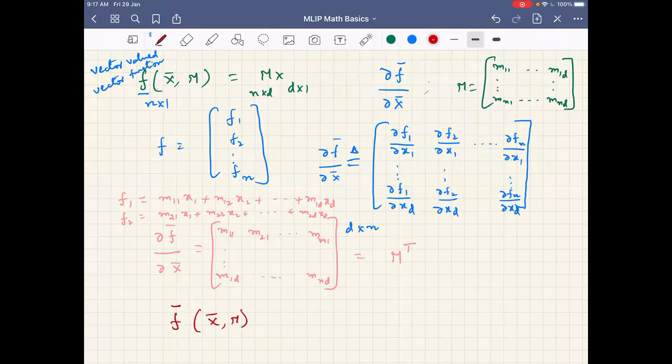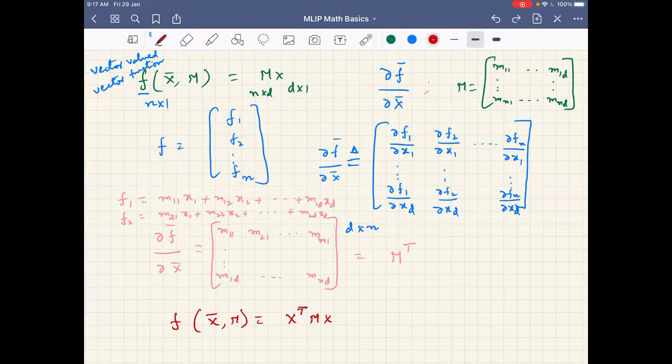X bar comma M is defined as X transpose M X. Is this a vector valued vector function, or finally is f a vector or a scalar? If I define like this, where M is d cross d, what is the dimension of f now?